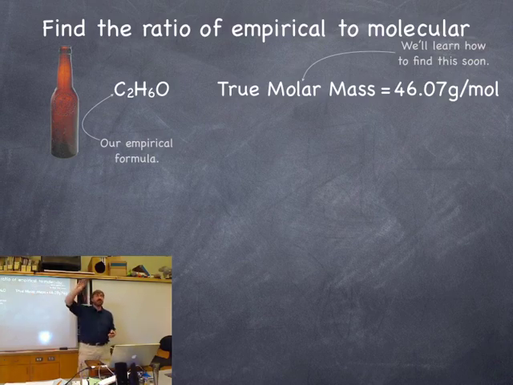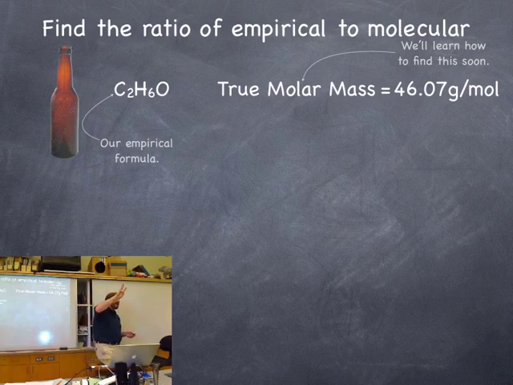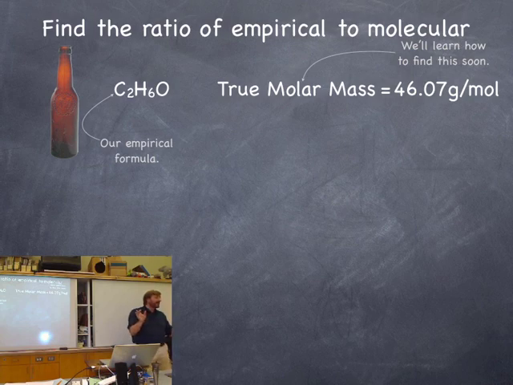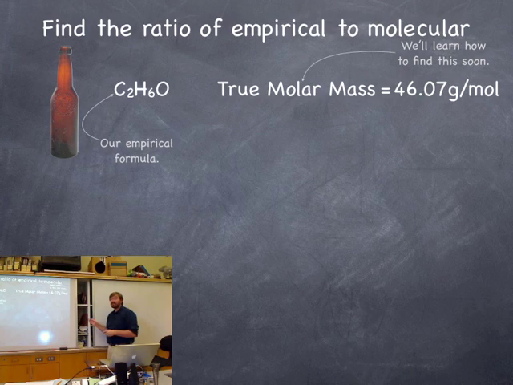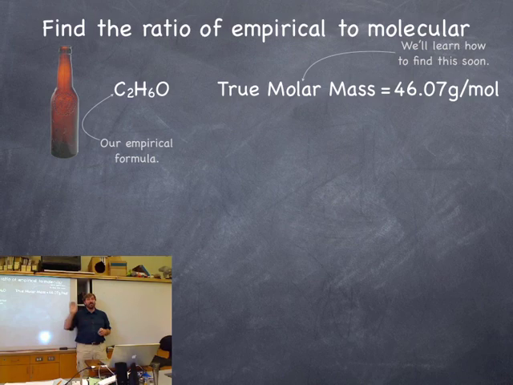You will learn three ways that you can figure out in the lab what the molar mass is without knowing what the sample is. It is possible to determine the molar mass without knowing the chemical formula. We're going to learn one way to do that in our next unit, and then we'll learn some more when we come back from winter break and another one second semester.